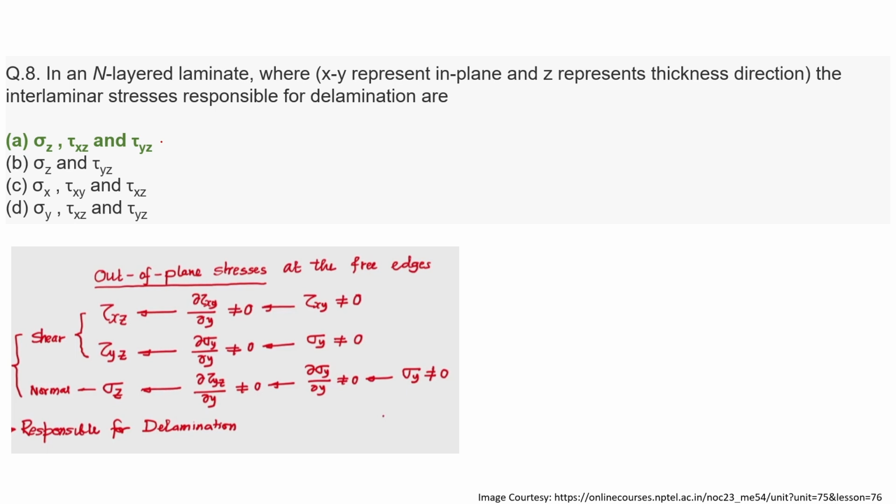The whole derivation is already taught in the class: we already know the in plane stresses, and using the force equation we get the out of plane stresses that are tau xz, tau yz, and sigma z. These out of plane stresses are the reason delamination happens. So the option for this question is that all three of them are the cause for delamination, of which the tau values are shear stresses, and sigma z is the normal stress.